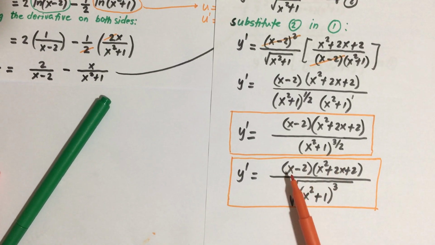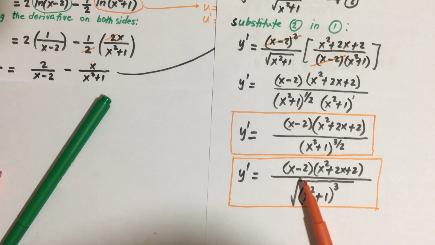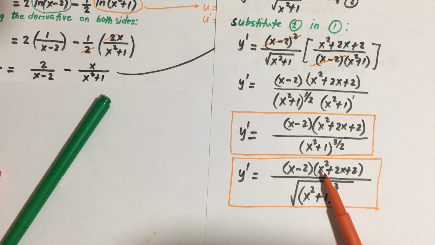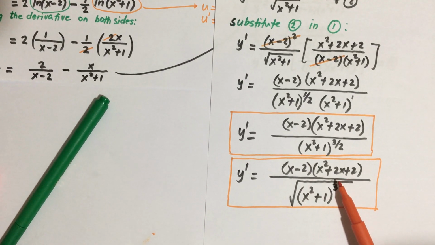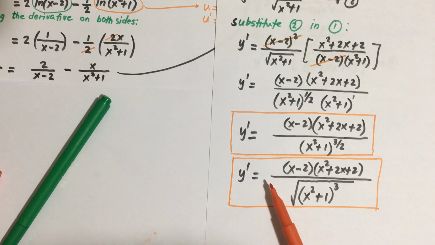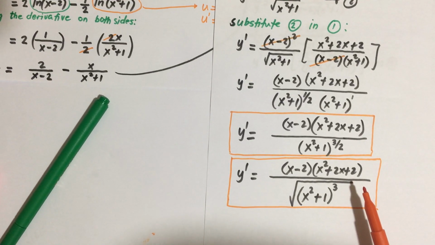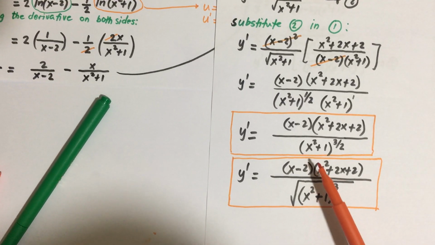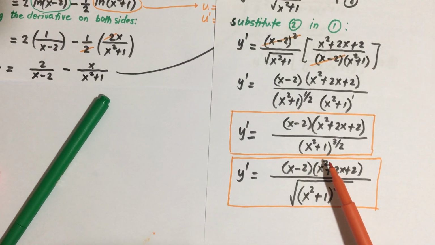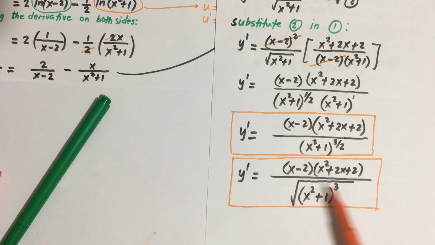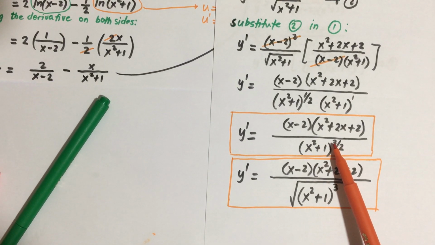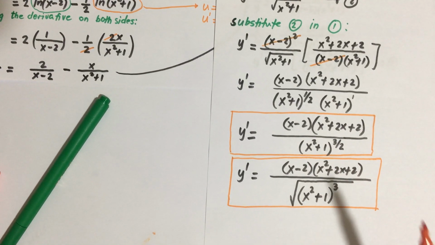So let's review. y prime is quantity x minus 2 multiplied by quantity x squared plus 2x plus 2, divided by quantity x squared plus 1 raised to power 3 halves, or you can express this in radical form, where the power is 3 and the index of the radical is 2.